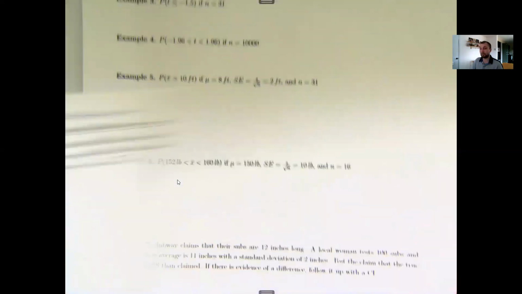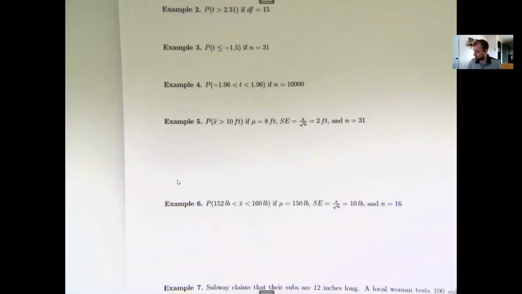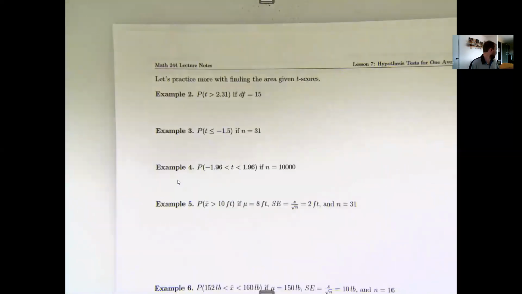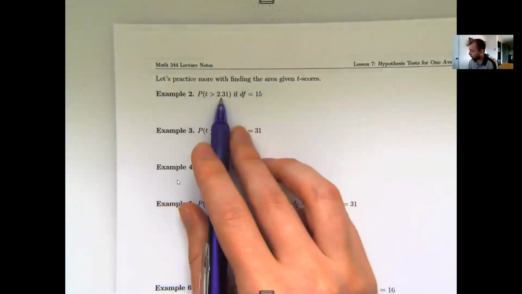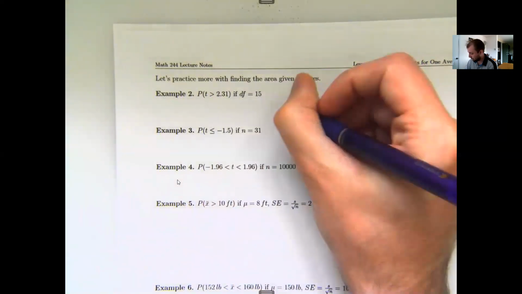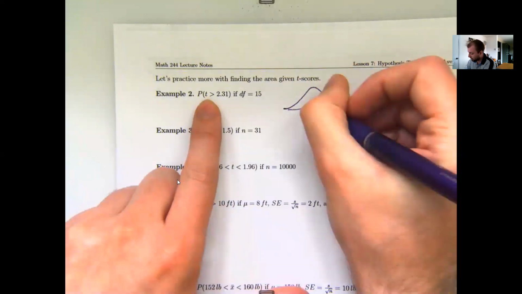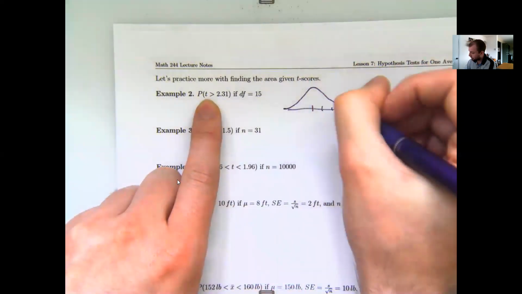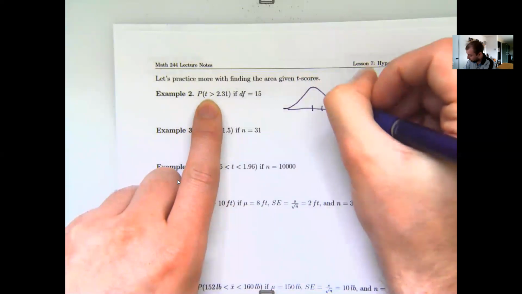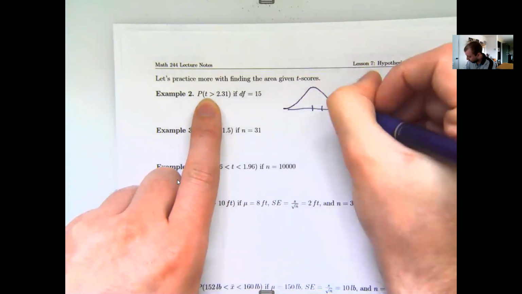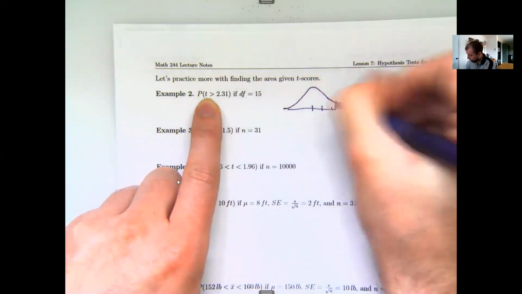I want to practice looking things up with your t-scores just a little bit more. T of 2.31 or higher, the degree of freedom is 15, okay. T-scores are the number of tick marks away, so if you're trying to draw a nice picture, this is 2.31 or more tick marks, great.